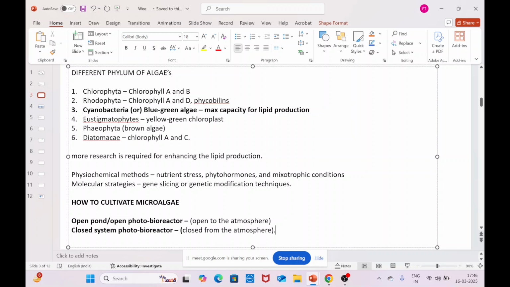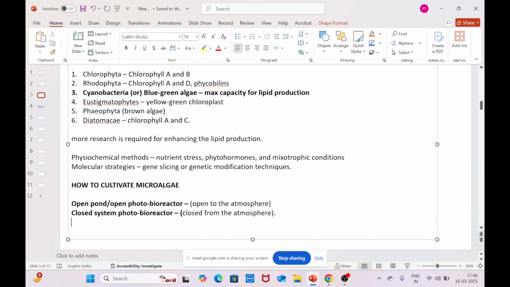Again, in case of the closed system photobioreactors, there are different types. Can anyone name the different types of closed system photobioreactors? Yes, vertical tubular, horizontal tubular.